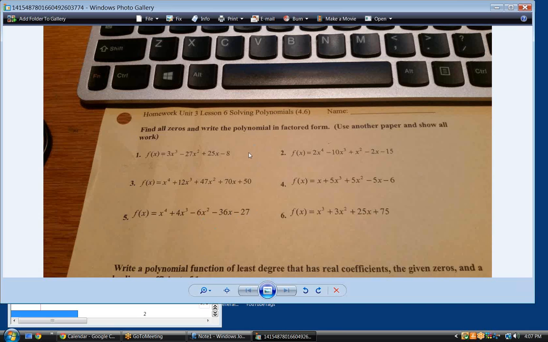Is this a calculator test or not? Or calculators? Are you allowed to use your calculator here? No. Or we're not. You said we wouldn't need to.